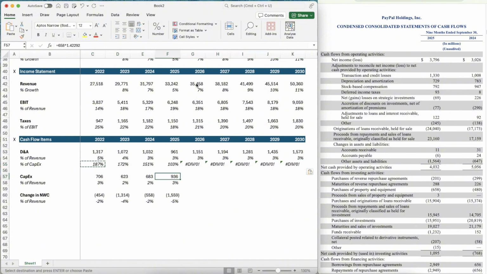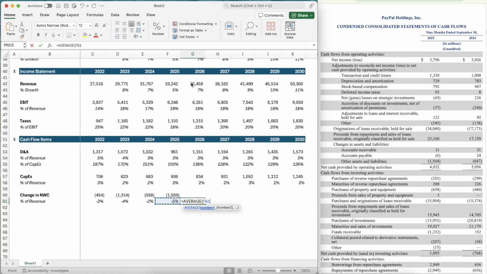Don't worry about those errors. We're going to solve them in a second. Average of change in net working capital by. There we go.